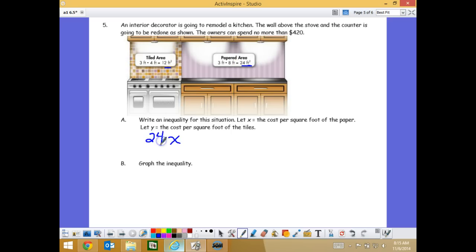So the total cost of wallpaper would be 24 times X. And then we're also adding to that the total cost of the tiles, which is Y dollars per square foot. And we have 12 square feet of that. So that's going to be 12 times Y.